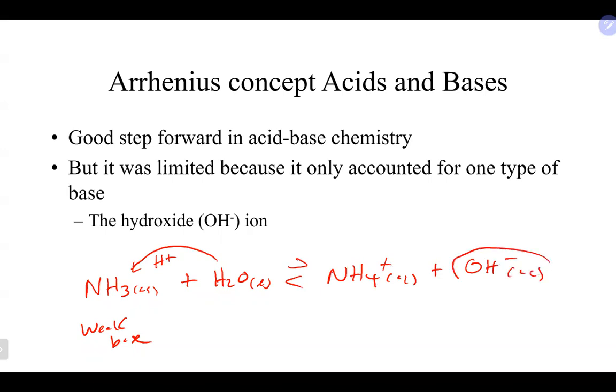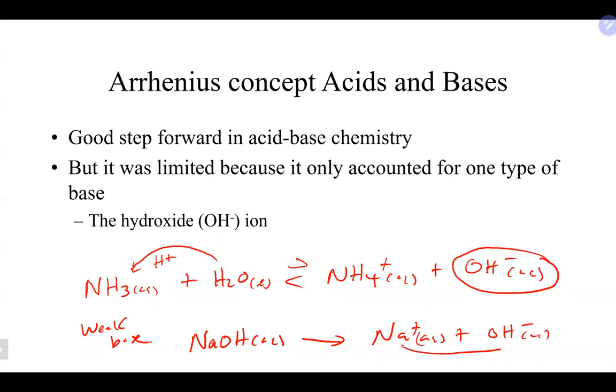So ammonia is still considered a base because it can react with water to produce hydroxide. It is a much weaker base than something like sodium hydroxide, which frankly just needs to go for a swim, and it's going to 100% break apart into the sodium ion and the hydroxide ion. So the difference here is 100% in solution.